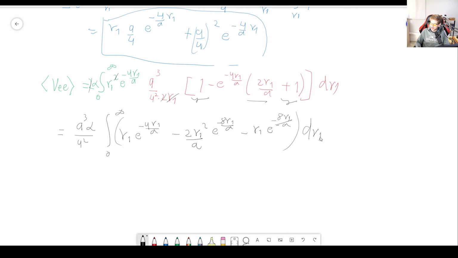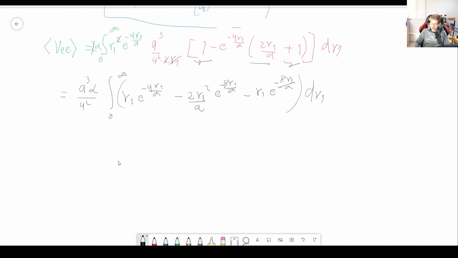So now these integrals are indeed of the form of the integral from 0 to infinity of x to the n e to the minus x, which we know is n factorial. The problem is that we don't have quite e to the minus x, but what we have is this times something, this b.